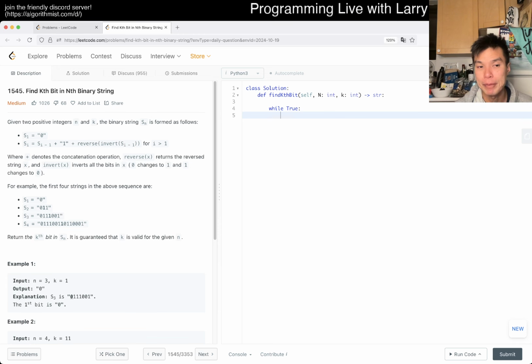But yeah, given n iterations, it's going to be 2 to the n minus 1. That's it. That's the number of the total string, right? So maybe L is equal to 2 to the n minus 1, right?